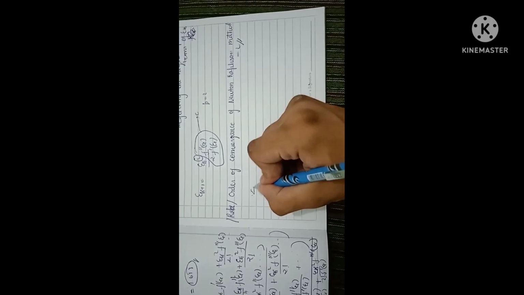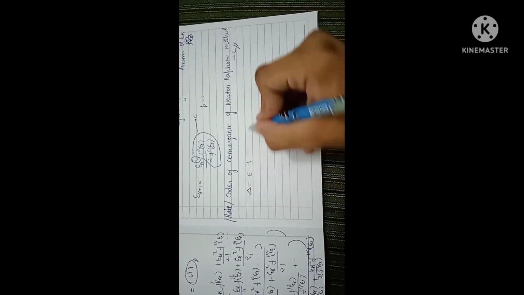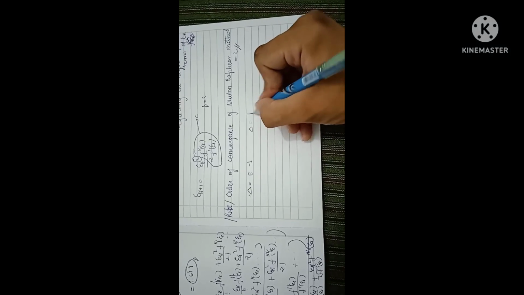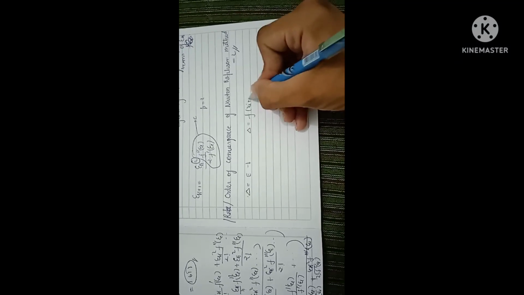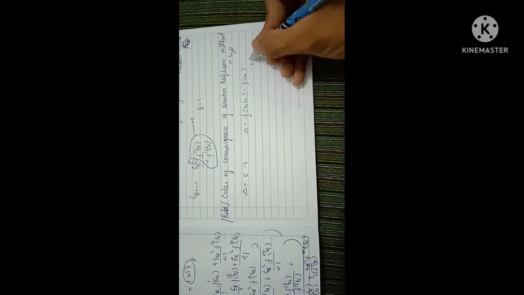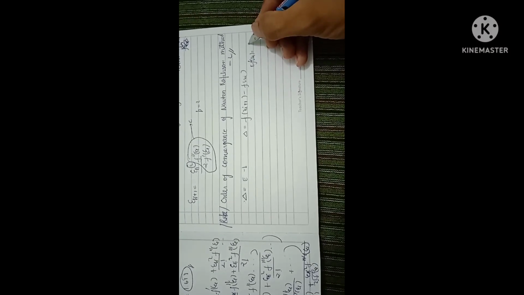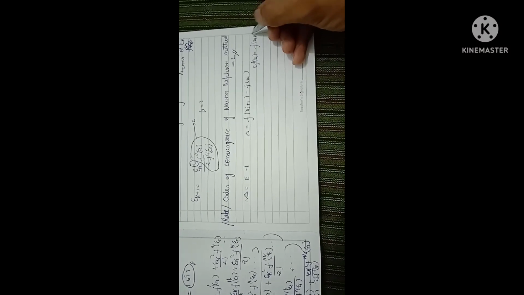We will start with forward difference operator. It is equal to E minus 1. Forward difference operator is equal to f of xi plus 1 minus f of xi, and E is generally such that E f of xi is equal to f of xi plus 1, I suppose.